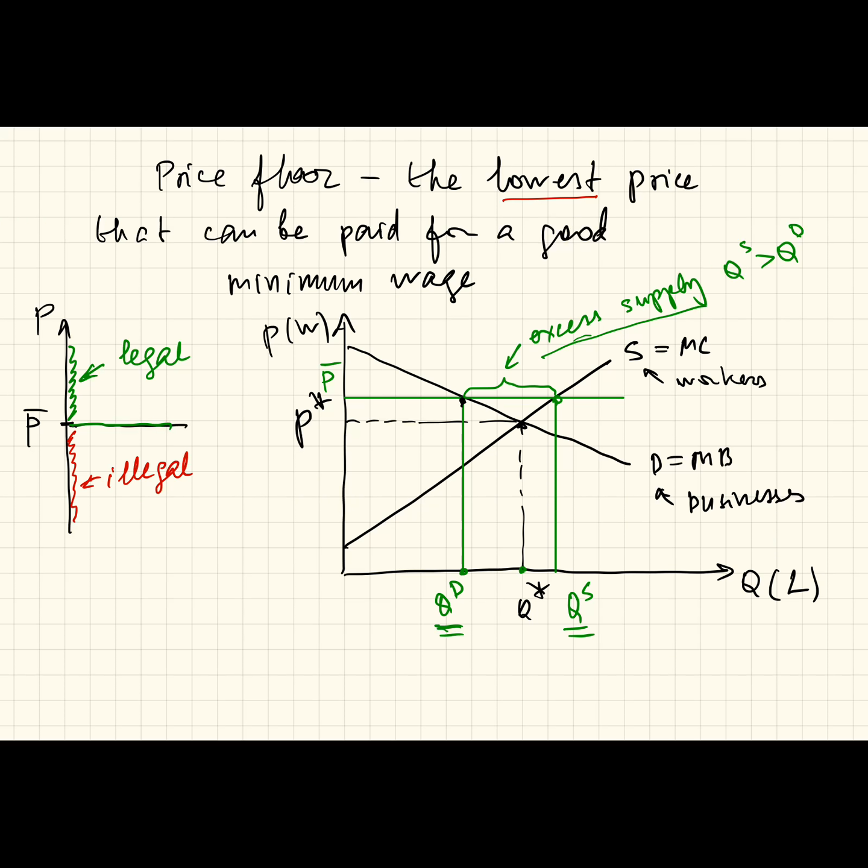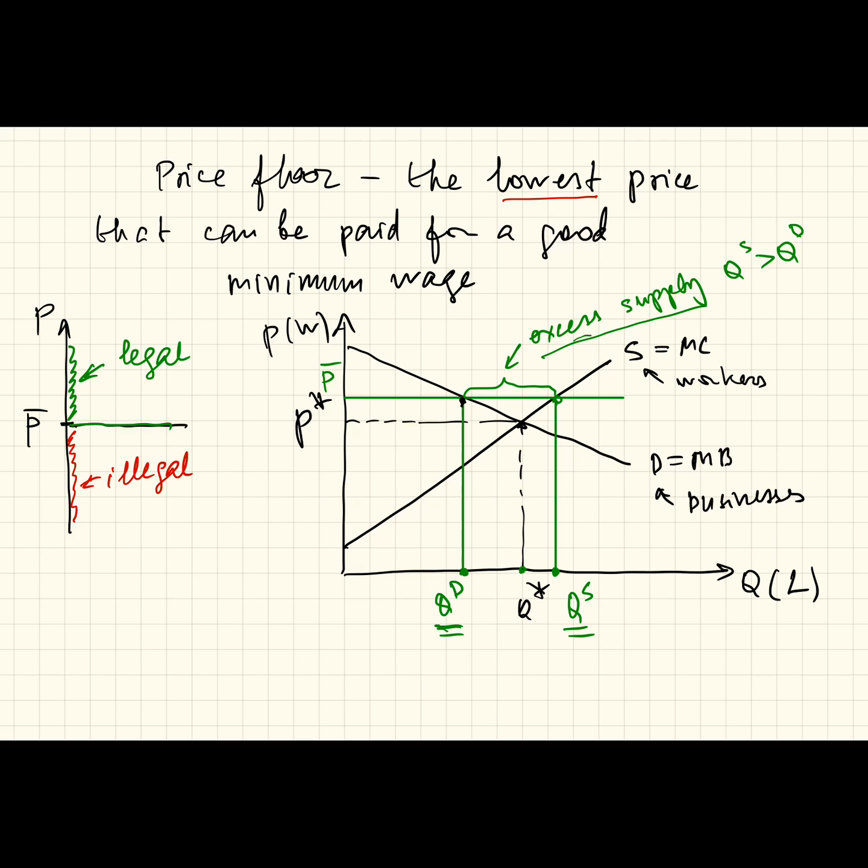All right, so next thing, similarly to the previous diagram, we can notice that out of these two numbers, QD and QS, the one that actually matters is QD, because this is how much businesses are willing to hire. So this number is not really fulfilled. Quantity supplied is how many workers want to get jobs.